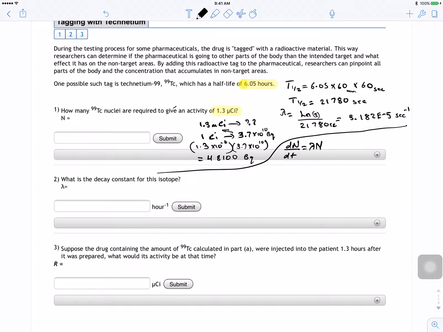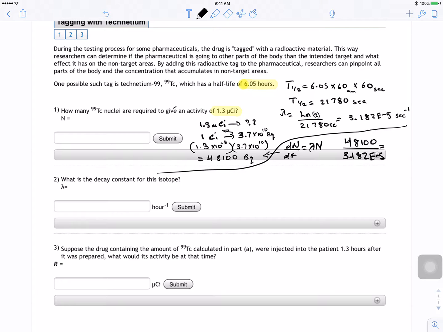Now we use the decay rate equation, which is dN divided by dt is equal to lambda times the number of particles. So we have dN/dt, which is this guy in here, 48,100, and then we divide it by the decay constant, 3.182 e to the negative 5.